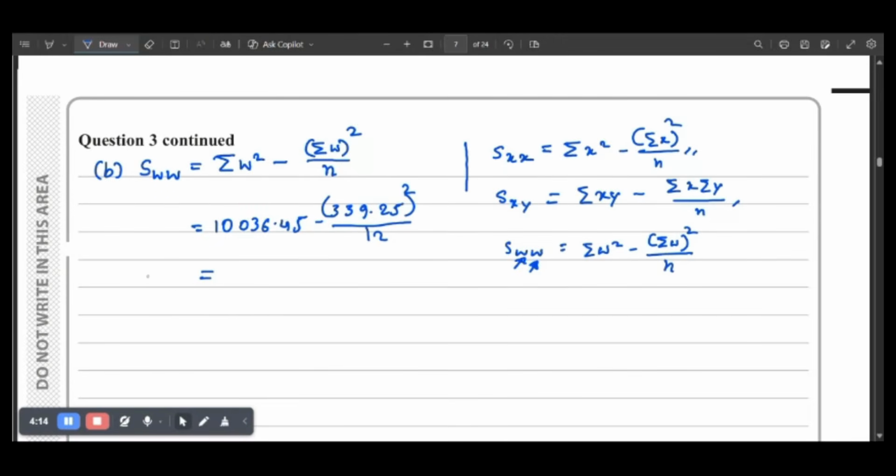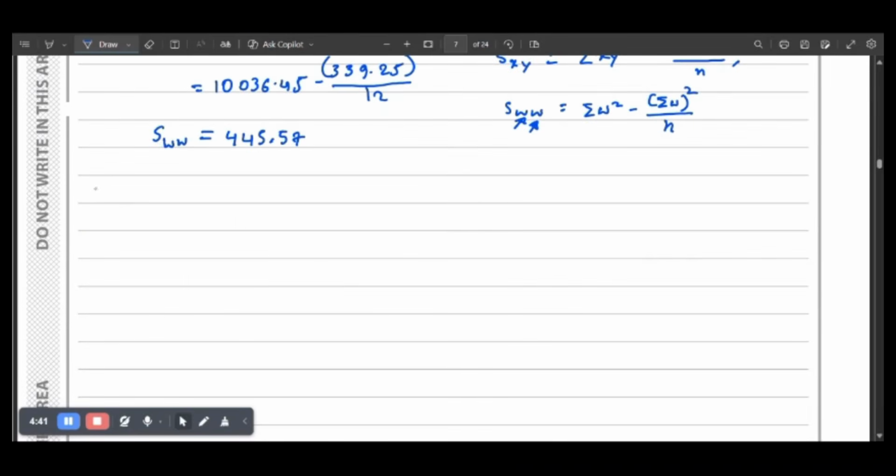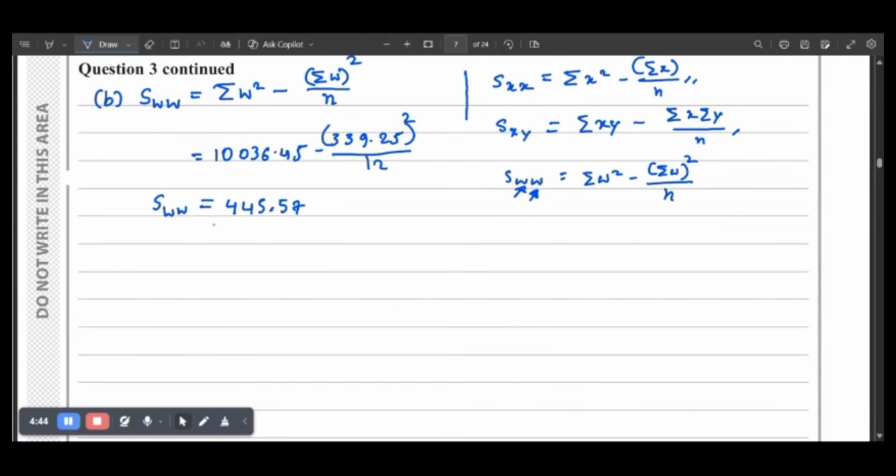This will give us the summary statistics for w and w. This will give us from the calculator 445.57. So this is the answer to part B.